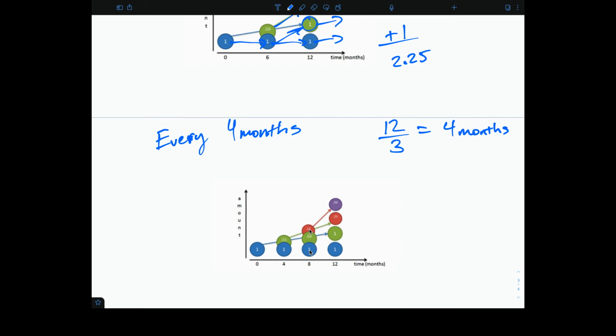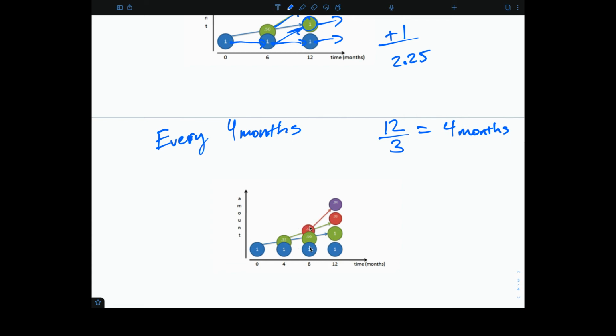So then what happens? Well, the 66% increases by 33%, which gives you 1. The 11% increases by 33%, which gives you 33. And then, the 66 increases by a third, which is 33.